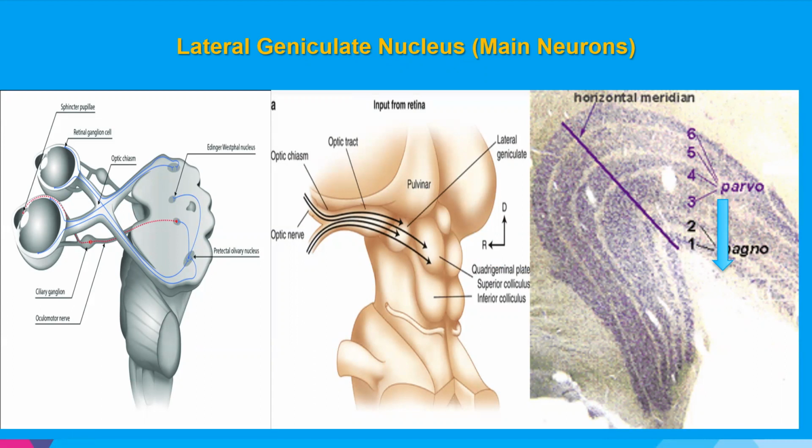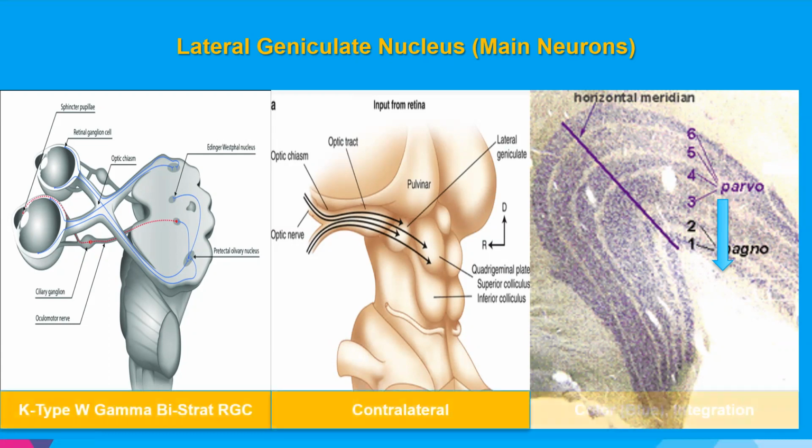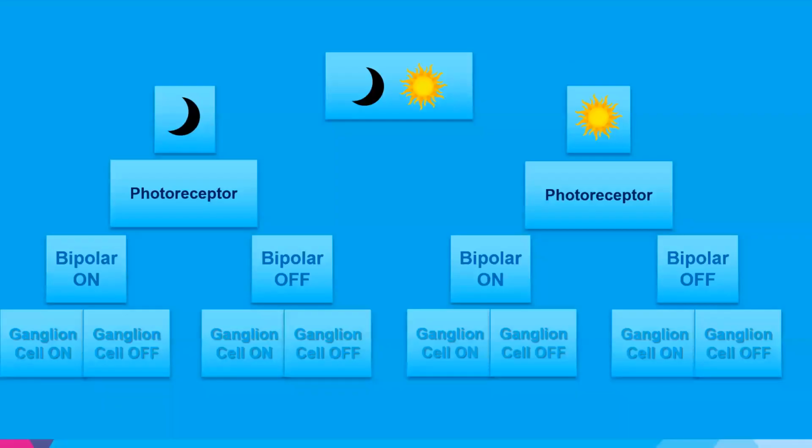Because 1, 4, 6. So contralateral, you said coniocellular, which is what type of ganglion cell? Bistratified. And what does it deal with? Blue light, and also like proprioception, and like sensory processing is like an extra add-on. Okay, perfect. Contralateral color blue integration.